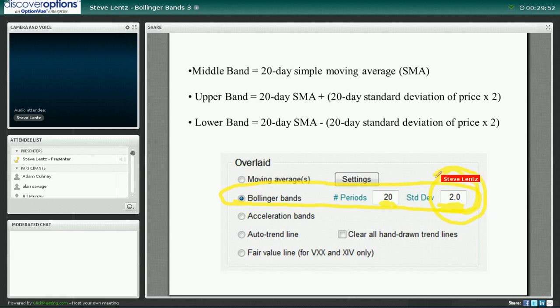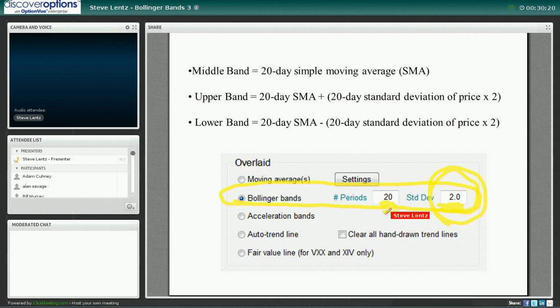Quite often, what you'll find is the default setting is always 2 standard deviations, and that is because most traders and a lot of educators are really looking at areas where price is going to make a top or a bottom. And when you set it out at 2 standard deviations, when price clicks it, or tips it, there's a pretty good probability it's going to slow down or even reverse perhaps.